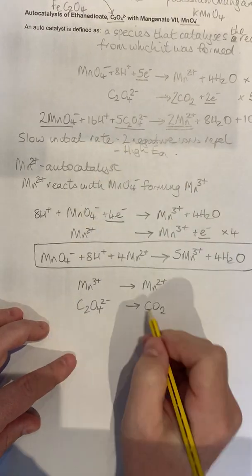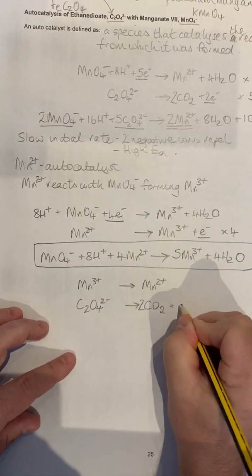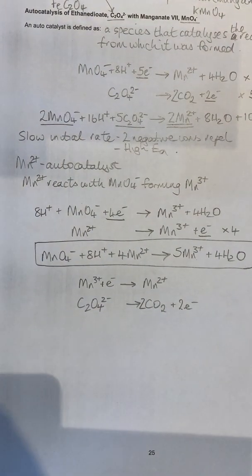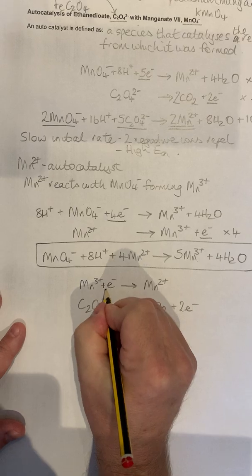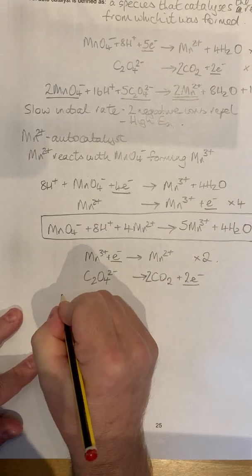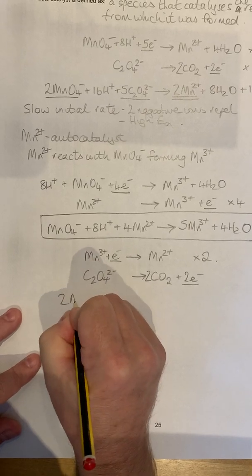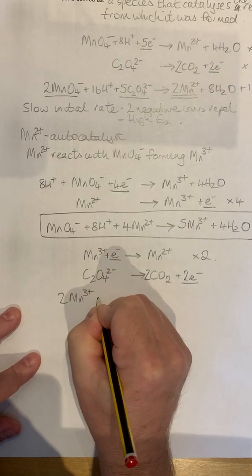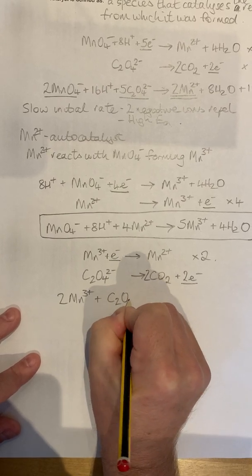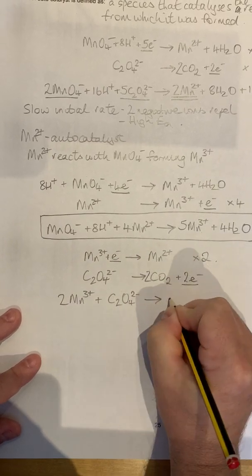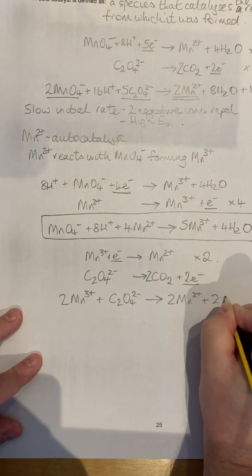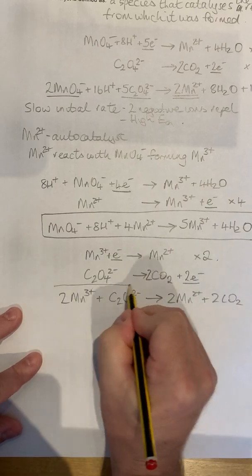So we've already got that half equation up the top, and this one just needs that. Much simpler equation to combine that and that. So we'll multiply that one by 2. So we'll have 2 Mn3+ plus C2O42- gives us 2 Mn2+ plus 2 CO2. And that's our second one.